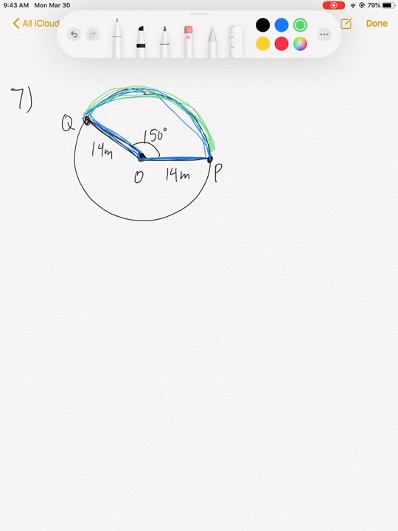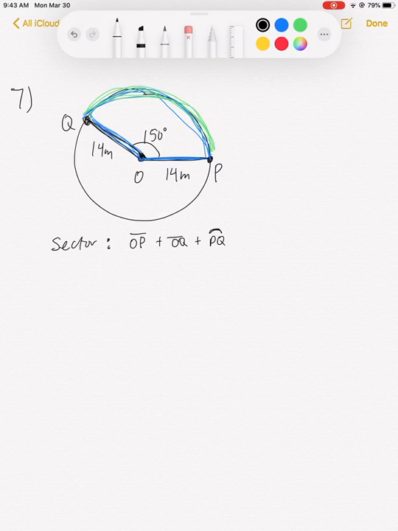So the sector perimeter consists of length radius OP plus radius OQ plus PQ arc. You show that by this little symbol.